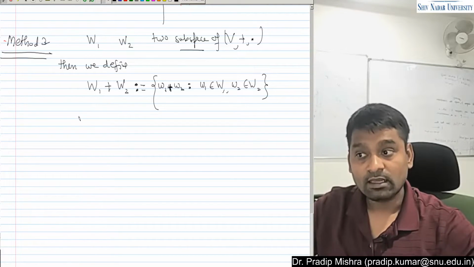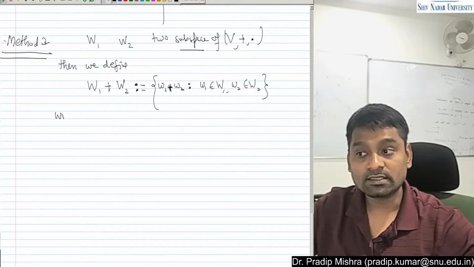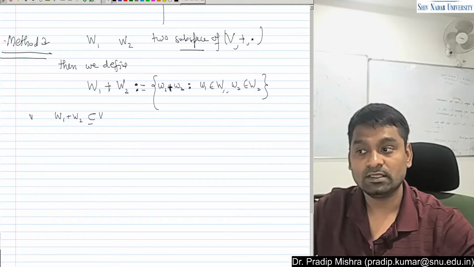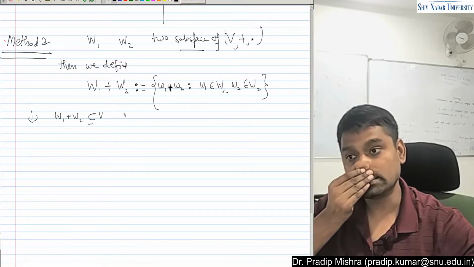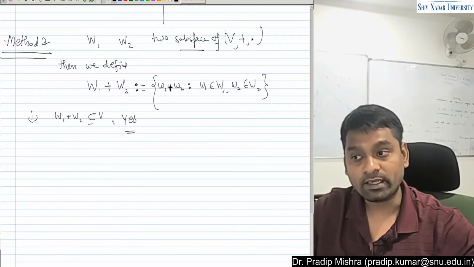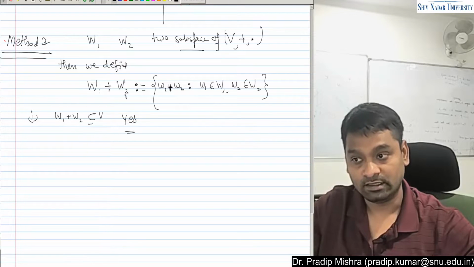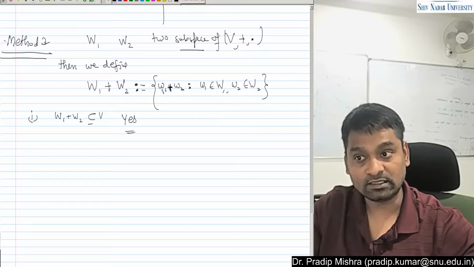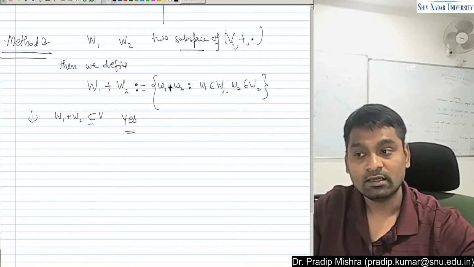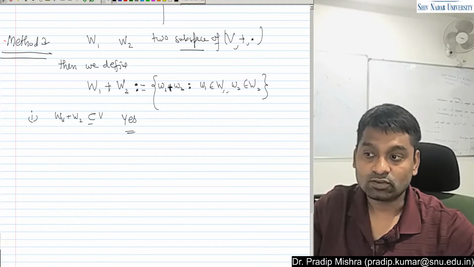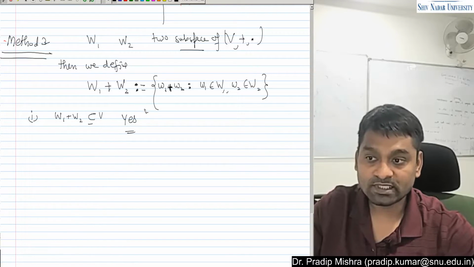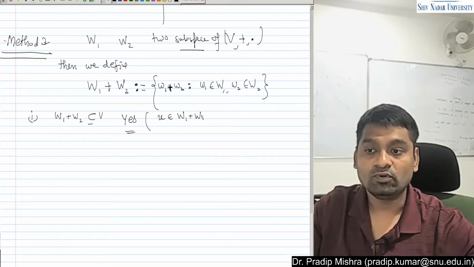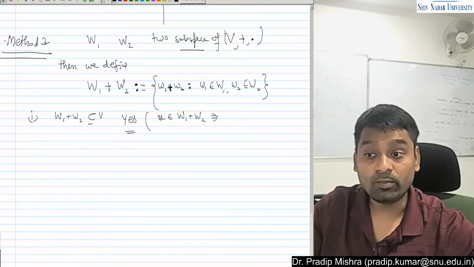Then the question is whether this W1 + W2 is a subset of V. This is the first question. The answer is yes. Every element here is of the form w1 + w2, and this lies in V. To write it precisely, take some v belonging to W1 + W2.